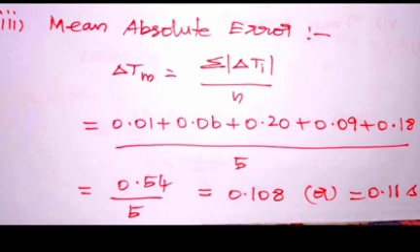So we get 0.01 plus 0.06 plus 0.20 plus 0.09 plus 0.18 divided by number of readings 5. Adding all the numerator values, we get 0.54 divided by 5, which is equal to 0.108. Rounding off, we get 0.11 second.